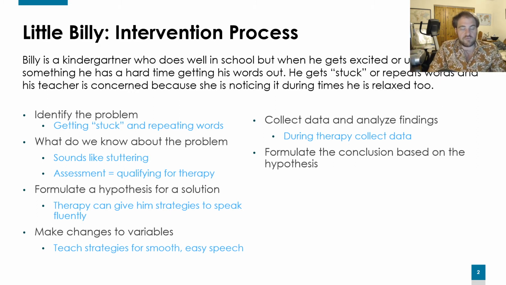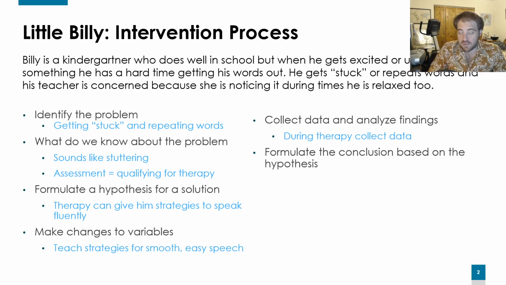These are the kind of data that you're collecting. If you're looking at something else, if you're looking at omissions, you're going to look at number of omissions per speech sound. You're going to look at number of distortions per speech sound, things like that. All of the measures that we've been talking about, this is the data that you're collecting.